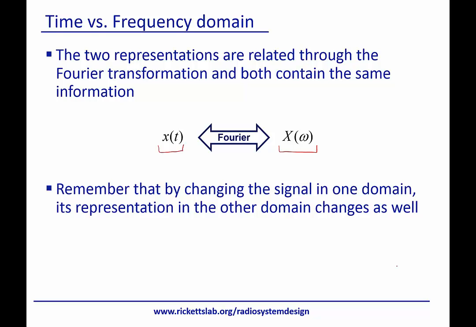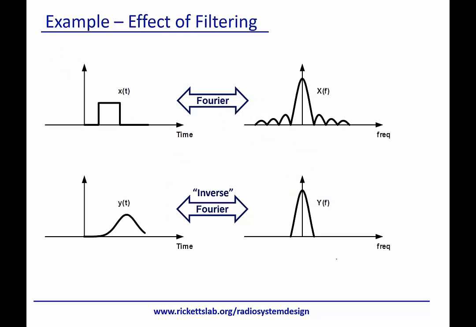However, the change is not the same. If we change this signal here, X of omega does change, but the change happens through the Fourier transform. So except for linear multiplications by scalars, changing x of t, for instance, shifting in time, does not just simply shift that on the axis, but this should be review for you.